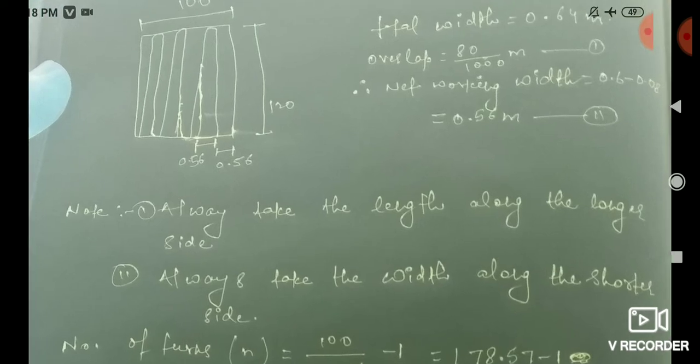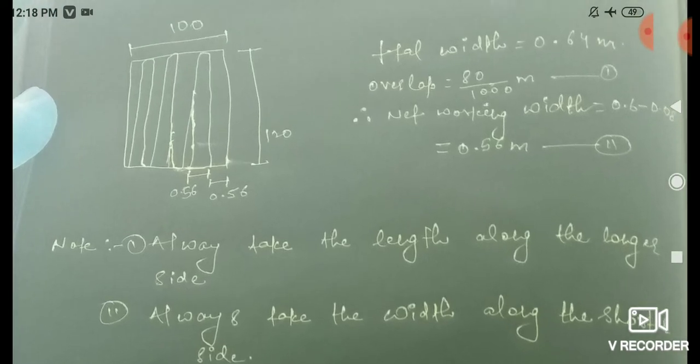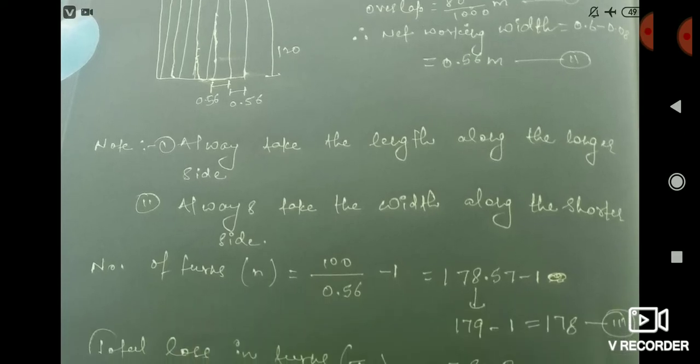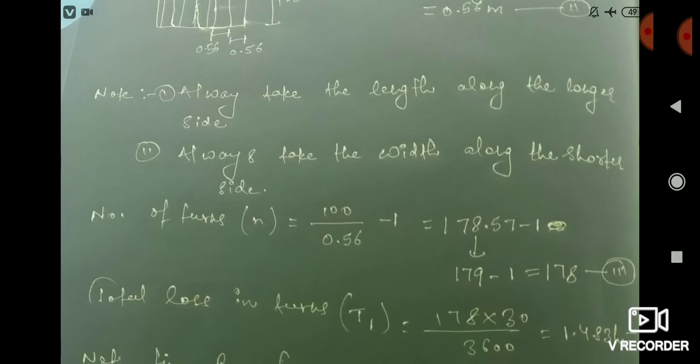You can clearly understand this figure that 0.56 is the net working width, and that is the width between the two successive movements of tractors. मीन्स हमारा जब ट्रैक्टर फील्ड में मूव कर रहा है तो उसके दो सक्सेसिव मूवमेंट के बीच जो डिस्टेंस होगी दैट इज 0.56 मीटर.